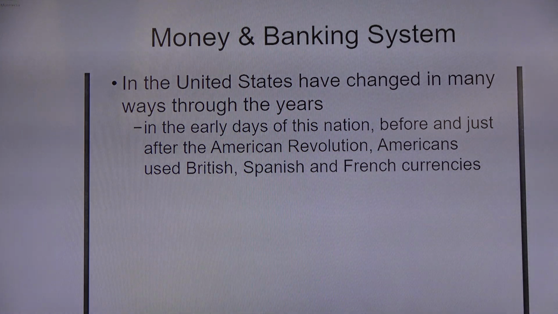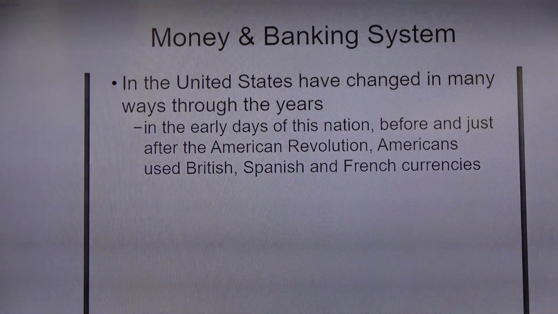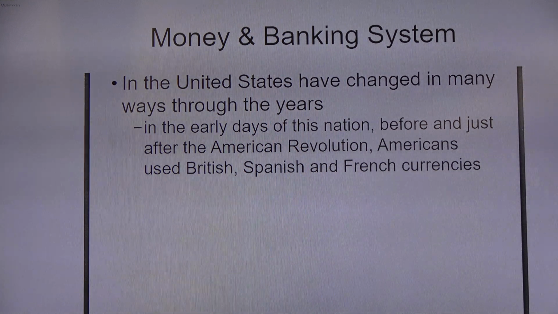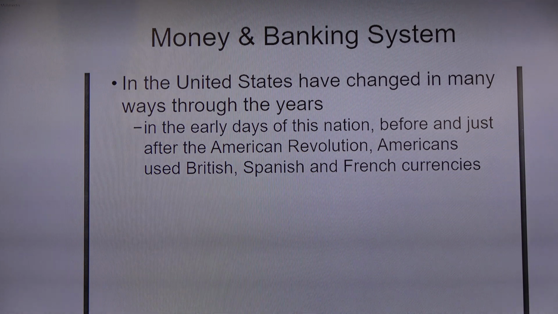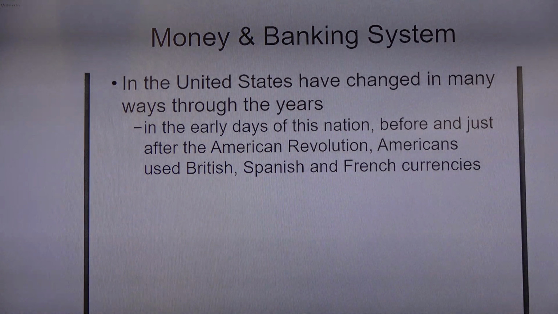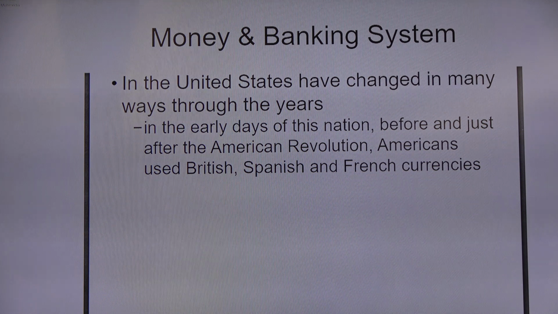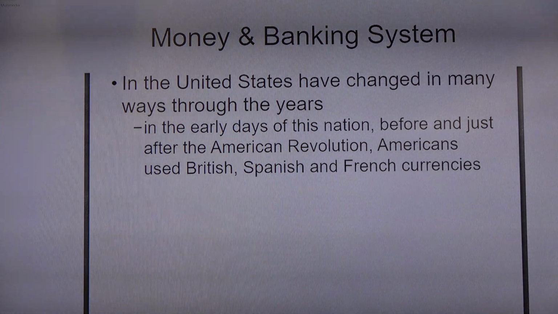In the early days of this nation, before and just after the American Revolution, Americans used British, Spanish, and French currencies because we're a new nation compared to England and some of the nations in Europe. So right after the American Revolution, we didn't have the dollar. They used British, Spanish, and French currencies rather than the dollar because it wasn't a thing then.